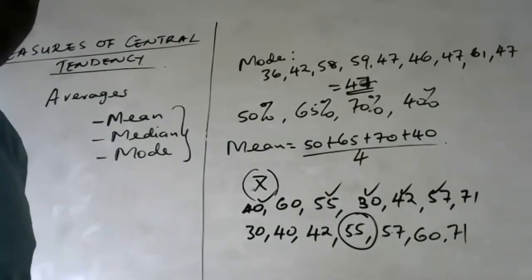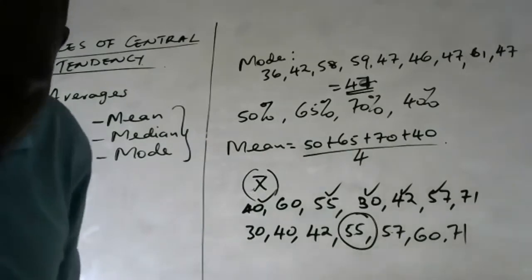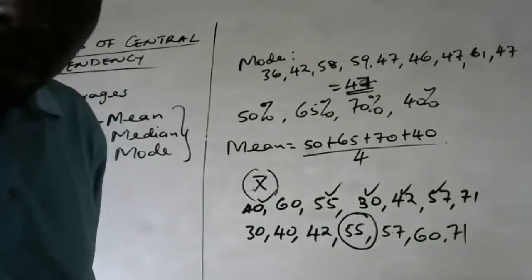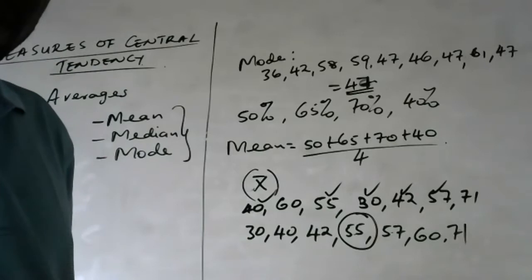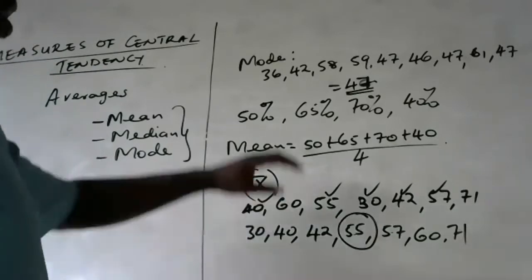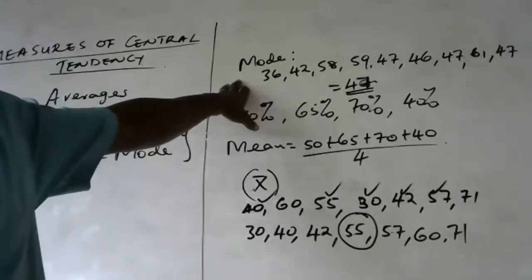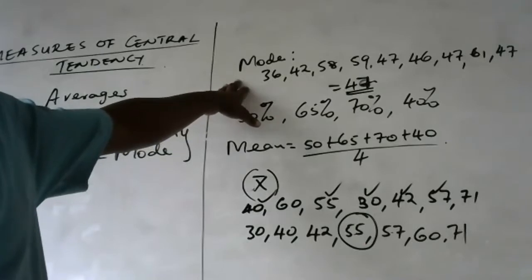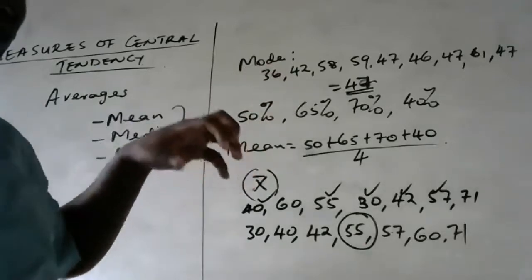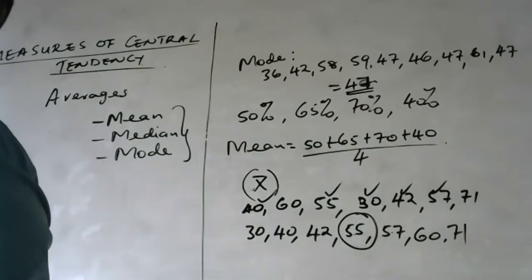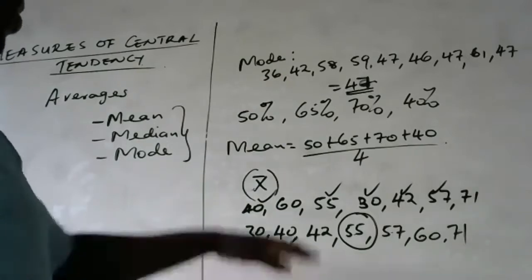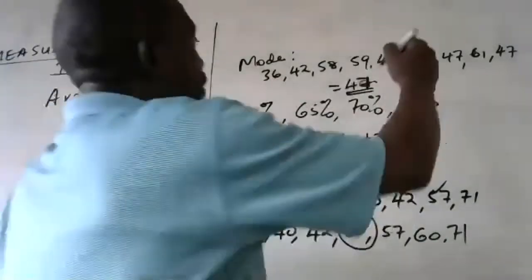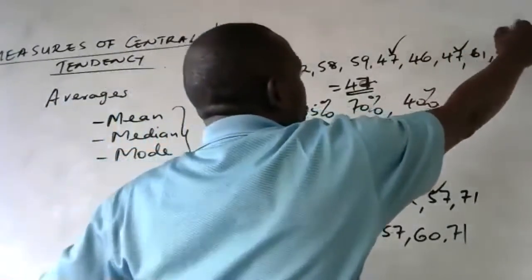Teacher, kindly repeat mode. Mode is that value that is most repeated. The value that is most repeated after you have collected your data is your mode. So in this case, remember 47 has been repeated 1, 2, 3 times.